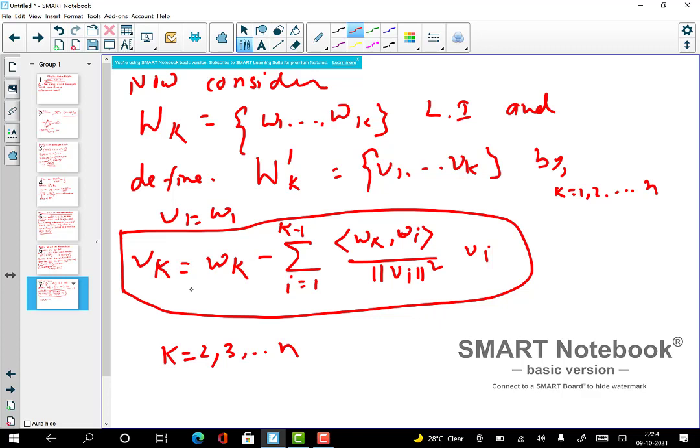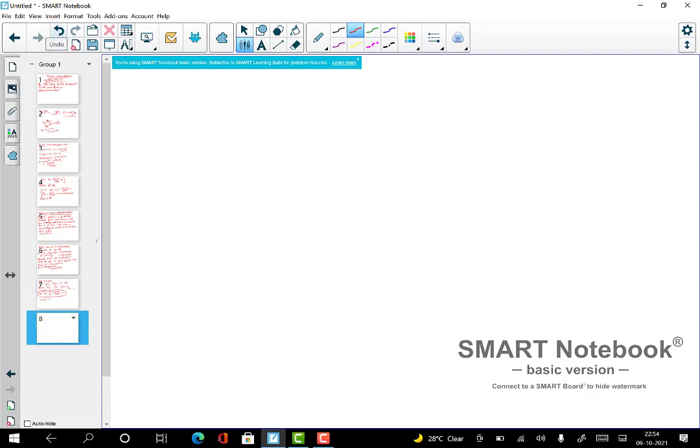Okay, and they are orthogonal, so they fulfill the condition, and not only that, they also span everything, right? So the induction hypothesis tells you that till k minus 1 they satisfy the condition that they are orthogonal, and also they span the same vector space till k minus 1, right? So let's first prove that they are orthogonal, then the rest will be easy. So you start with Vk with any Vj, and by definition, what was Vk?